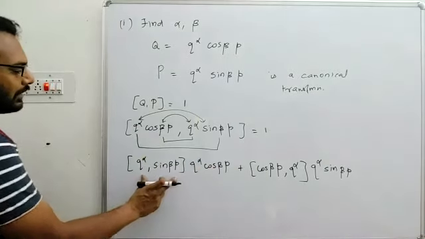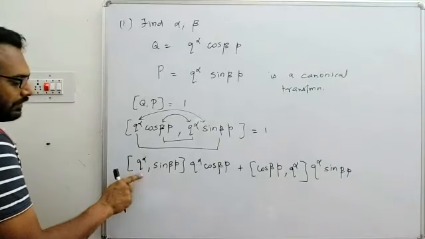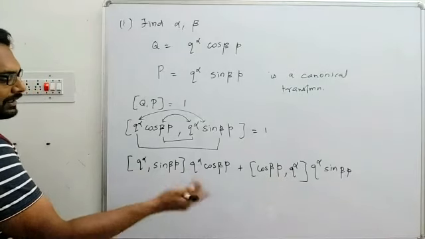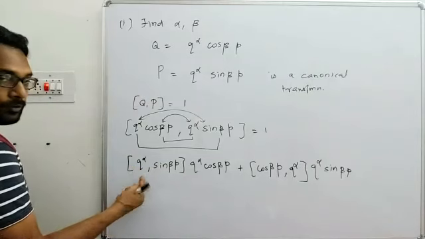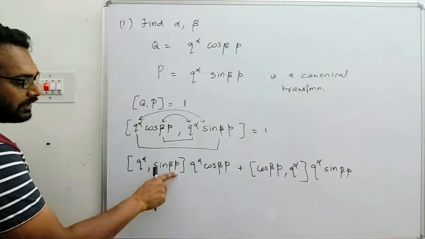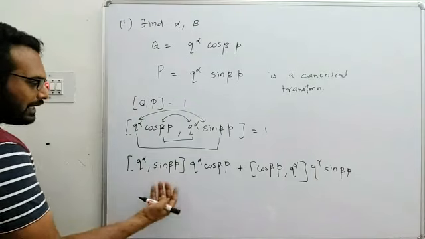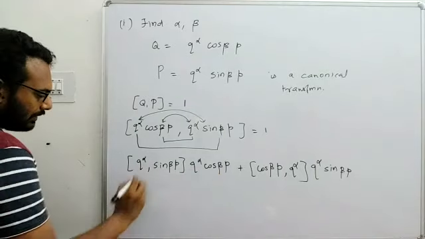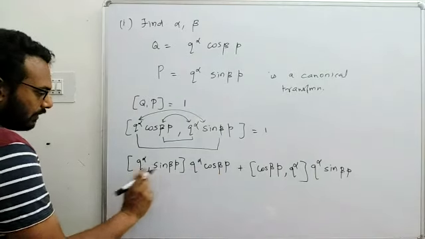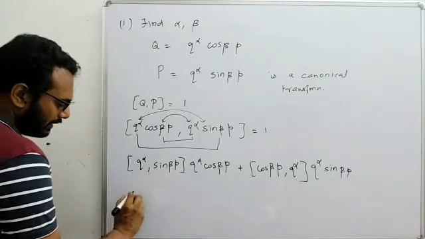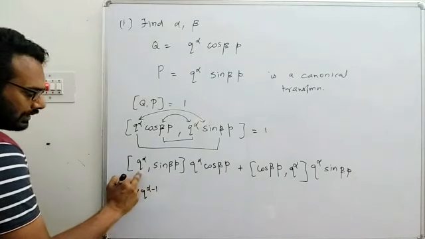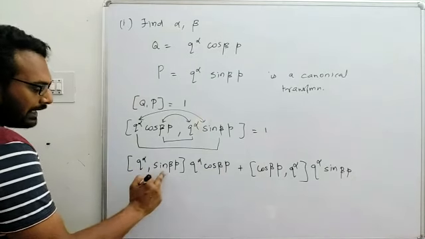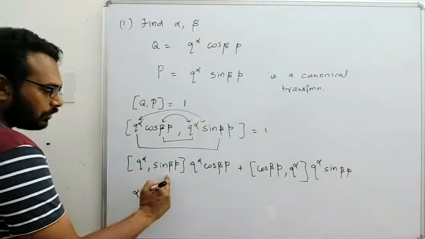So you see that the only non-zero term here is the first derivative with respect to q and the second with respect to p, because the first term is explicitly a function of q and the second one is explicitly a function of p only. So there's only one term in this fundamental definition. You will get the derivative of q^alpha with respect to q, which is alpha q^(alpha minus 1). Then we need the derivative of this one with respect to p.